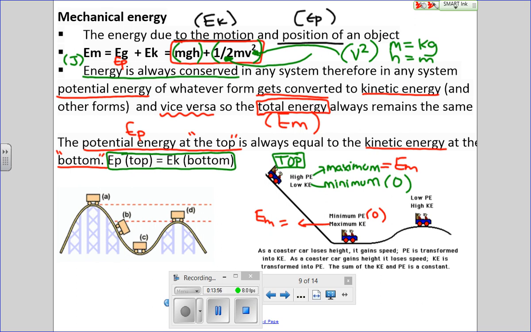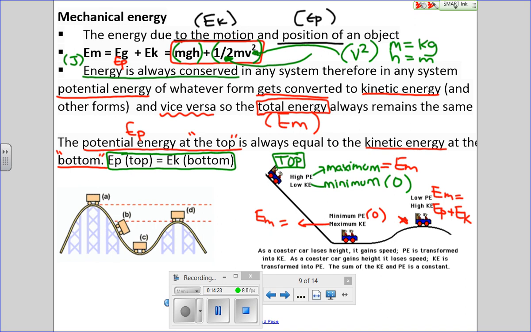That means that at a spot like this one, which is neither the highest nor the lowest spot, is a spot where we would actually have to add them together. So at that particular spot, potential energy wouldn't be 0 because we're above the surface, and kinetic energy wouldn't be 0 either because it's still moving.